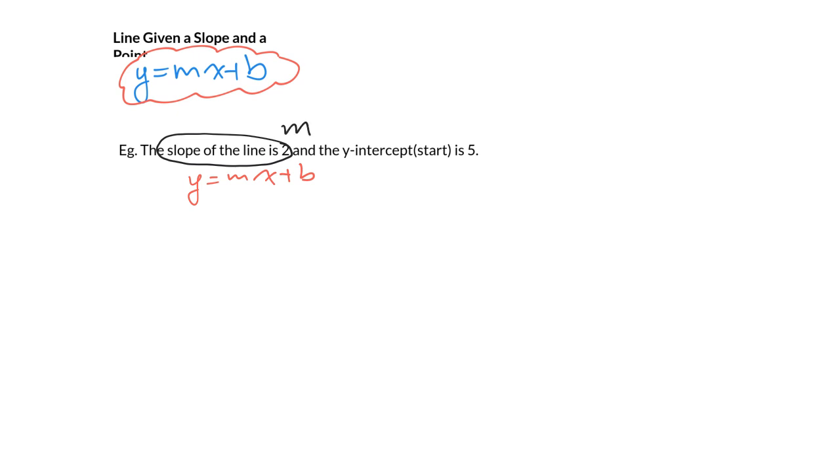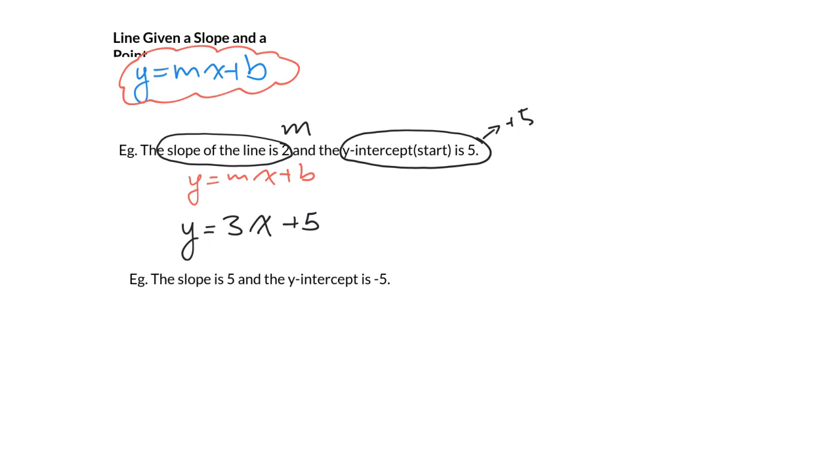That is m. So we can write this as y is equal to 2x. But now we have to figure out what our y-intercept, our starting value, is. In this case, it says our starting value is 5. Because it says 5, this really means positive 5. So we're going to write plus 5 as our answer.